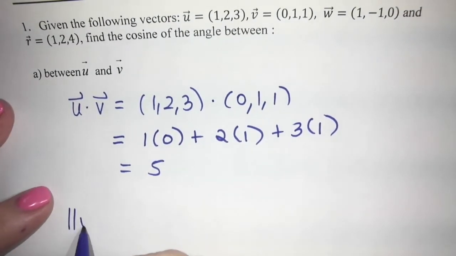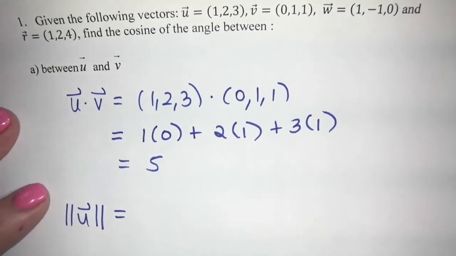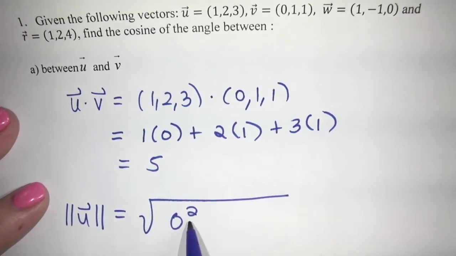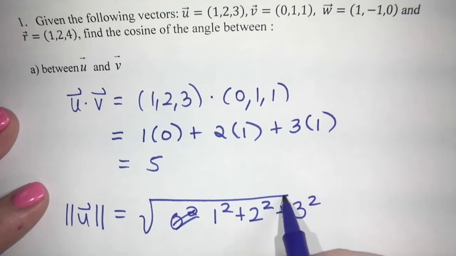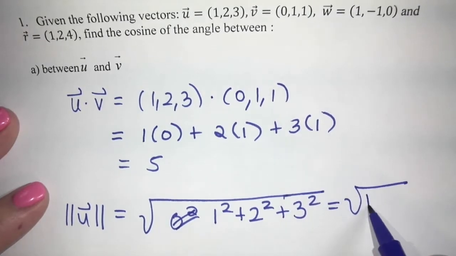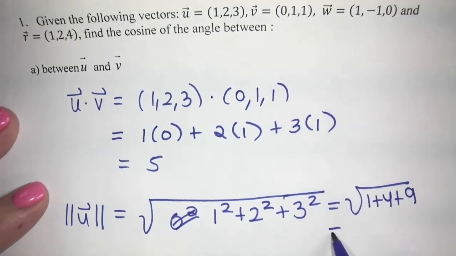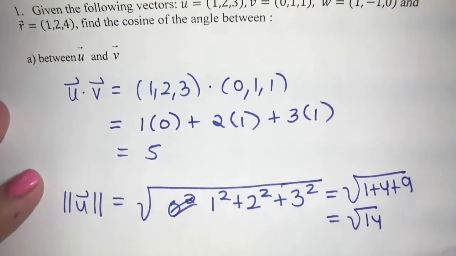Then we need to calculate the magnitude of u, which again we've covered in a previous video. So you can calculate that. Square root of u, which is 1 squared plus 2 squared plus 3 squared. So that would be root 1 plus 4 plus 9, or root 14.